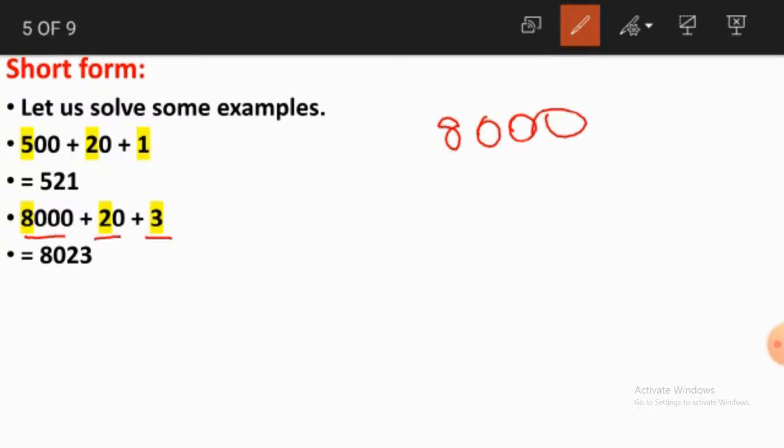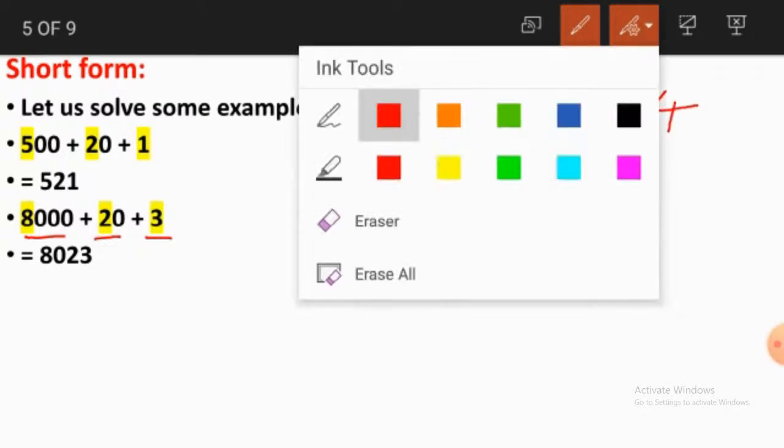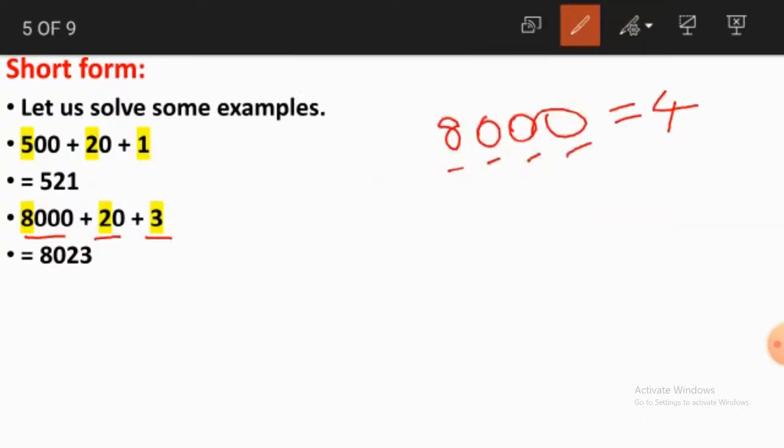Now how many digits does 8,000 have? 1, 2, 3, 4. How many digits, children? 4 digits. In the question there are only 3 terms: first term, second term and third term. 4 minus 3, 1 term is missing.